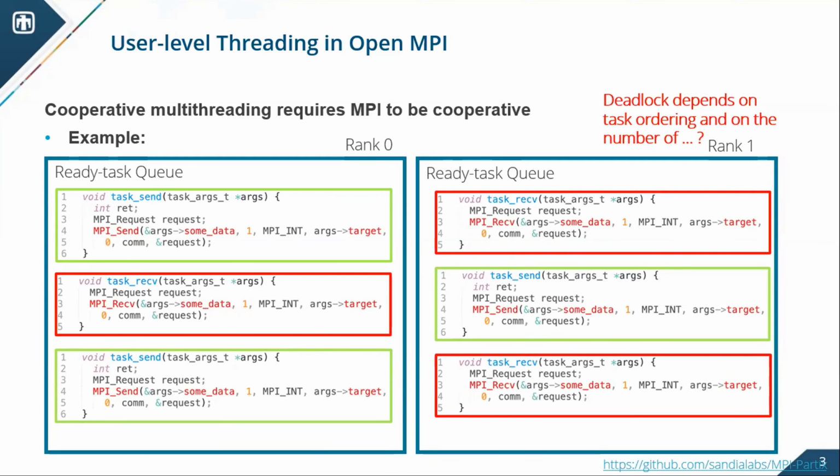It doesn't cooperate nicely with user-level threading libraries. So we need to deal with this. And my talk is basically to show you and to explain how we are tackling this, how we can guarantee some progress in your application when MPI is invoked from a cooperative multi-threading library.